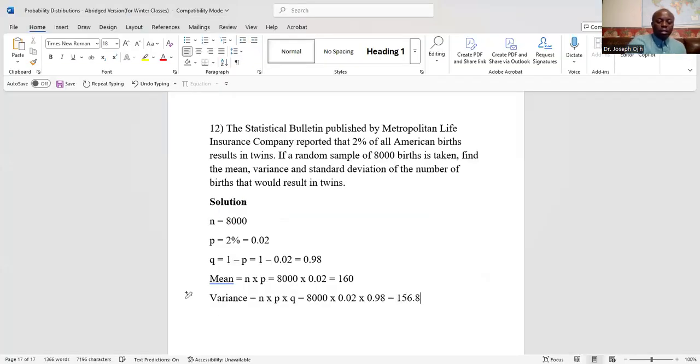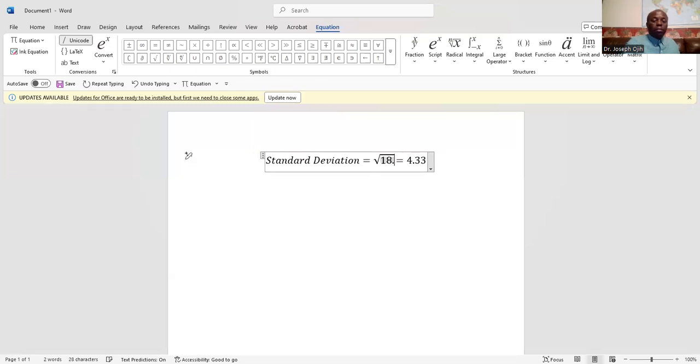And standard deviation, remember this workbook will not allow us to put the square root formula here, so let me go and get it from that workbook. We have the square root of 156.8. We're going to get it from the calculator.